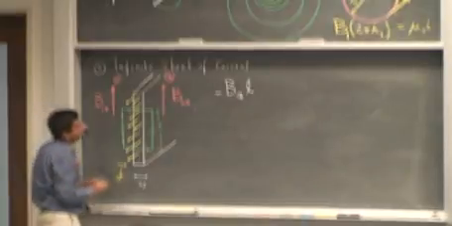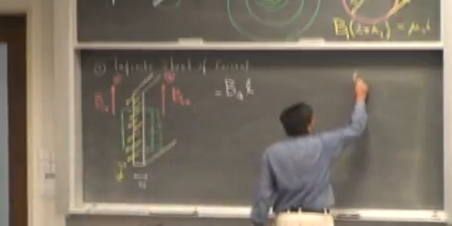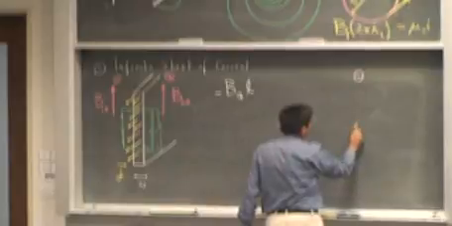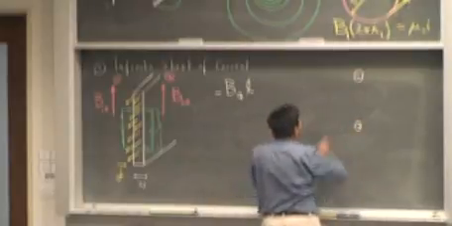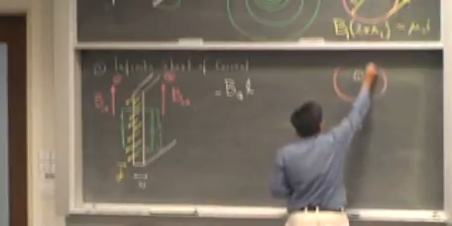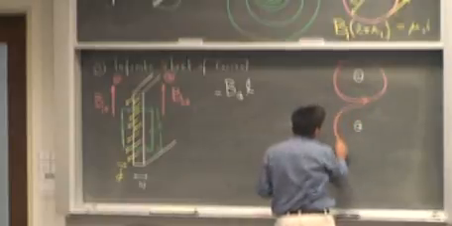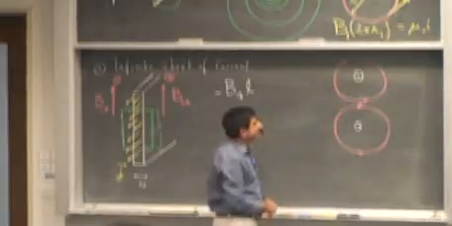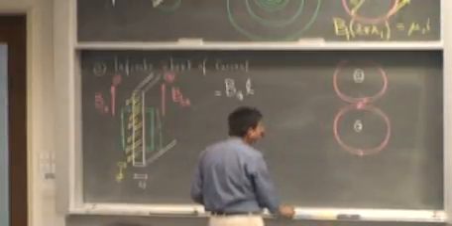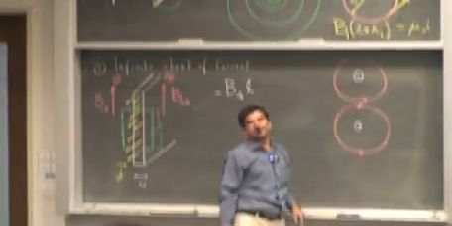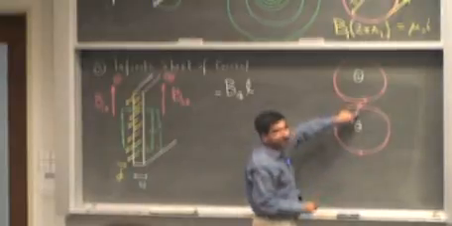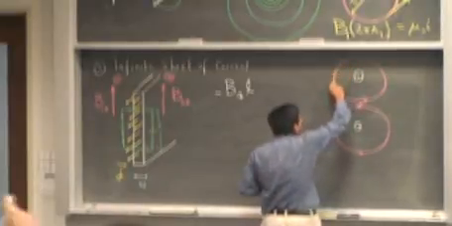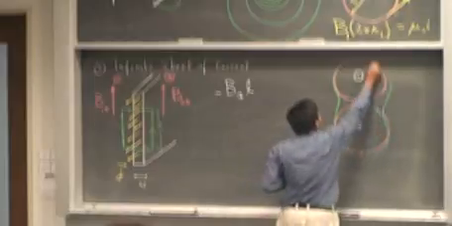Because if I have two current carrying conductors, I draw the field due to this, it looks like this. I draw the field due to this, it looks like this. If I use the principle of superposition and draw the field due to both of these conductors at the same time, these fields are going to cancel out. So I will be left with the field like this.